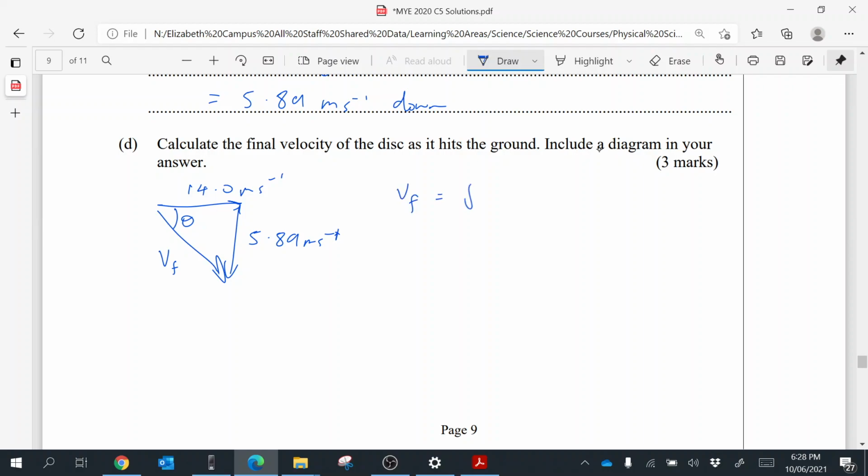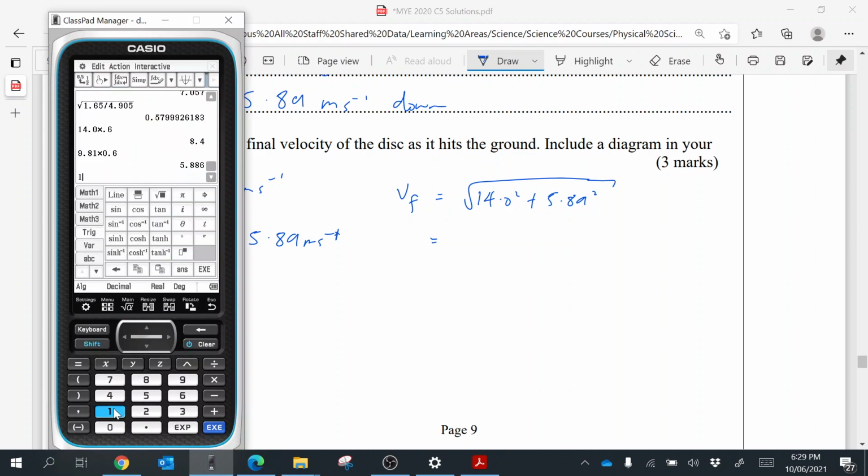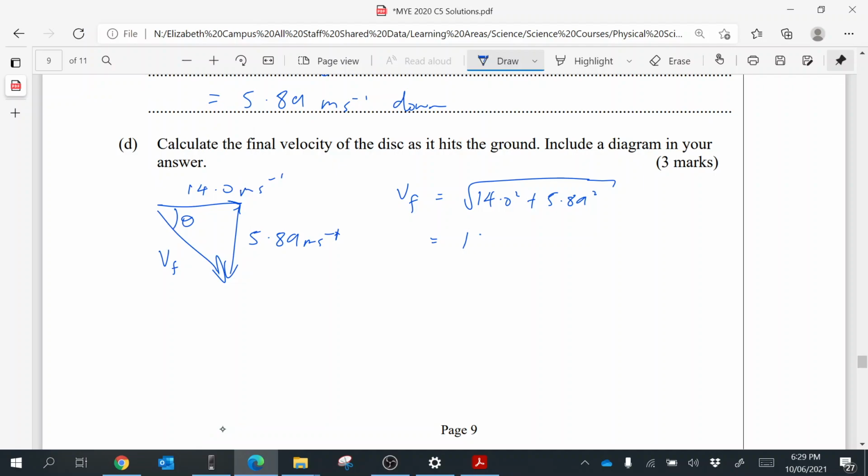Vf is equal to the square root of 14.0 squared plus 5.89 squared, which is equal to, let's have a look. 14.0 squared plus 5.89 all squared, which is equal to 15.2 meters per second.